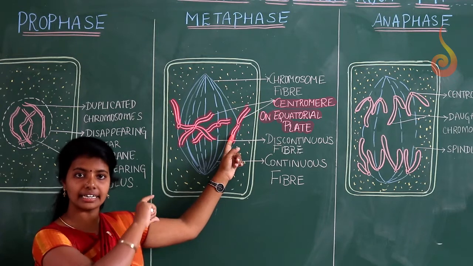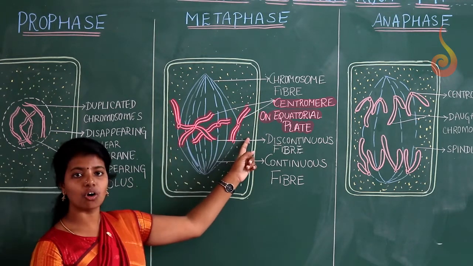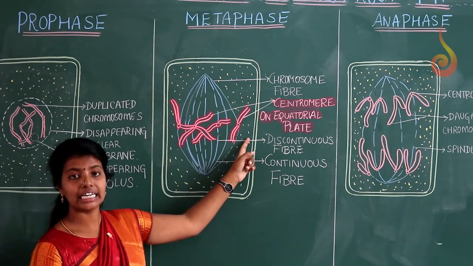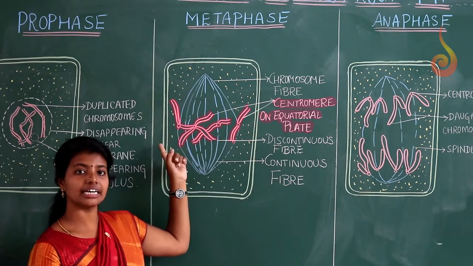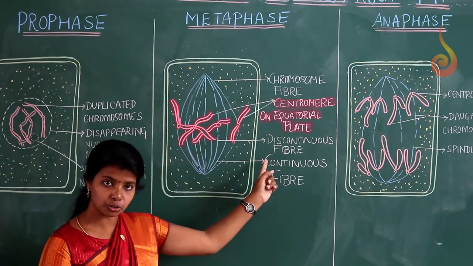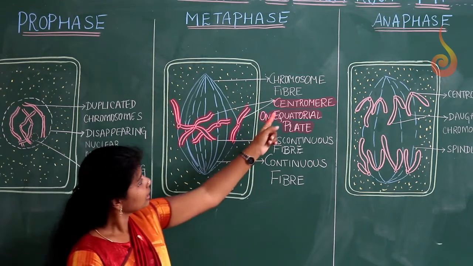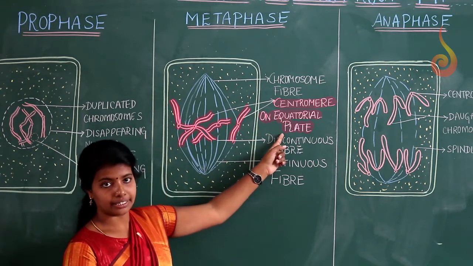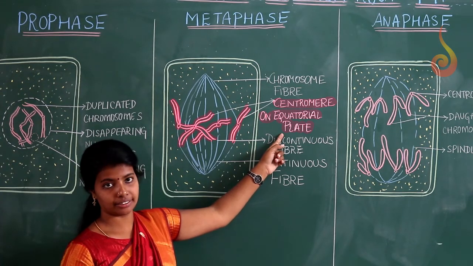They come and arrange themselves at the center of the cell, which is called the equator. So this arrangement of all the chromosomes in the center of the cell is called the equatorial plate. It could also be called the metaphase plate.